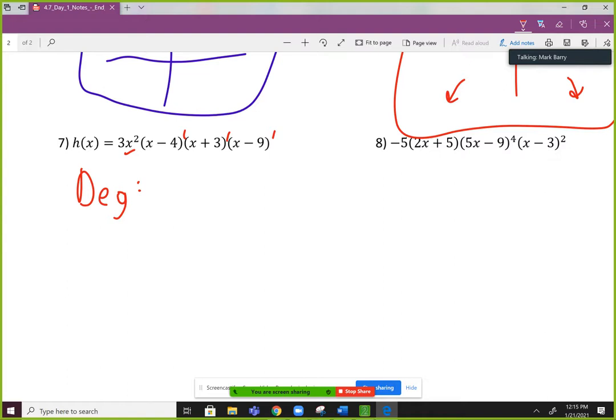When I'm adding these up, since I have an x there out front, I have to count these 2, okay? It is an exponent, correct? And it's an exponent of x. So 2 plus 1 plus 1 plus 1 is going to give me 5. So once again, I'm adding up those exponents, but I am counting 2 for that x squared out front. The leading coefficient here, I'm going to say is 3, which more importantly is positive.